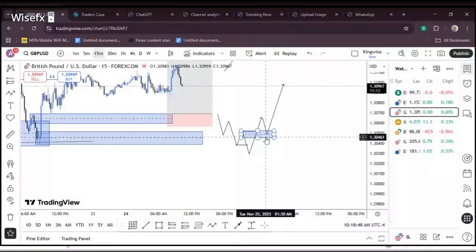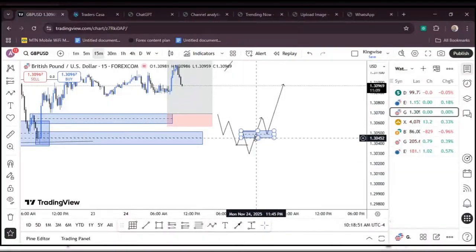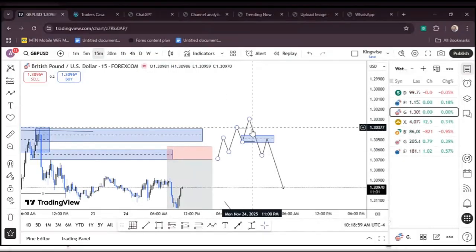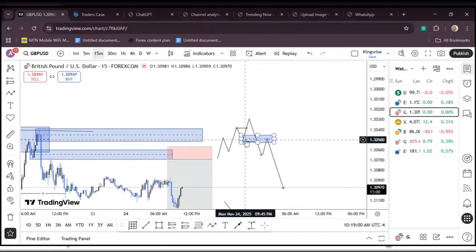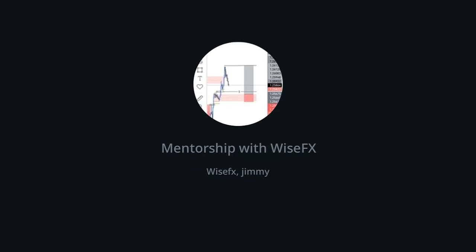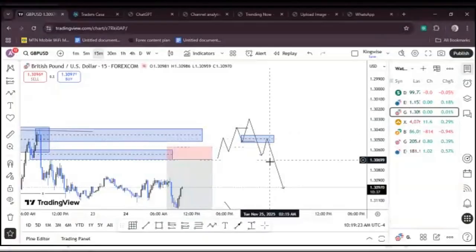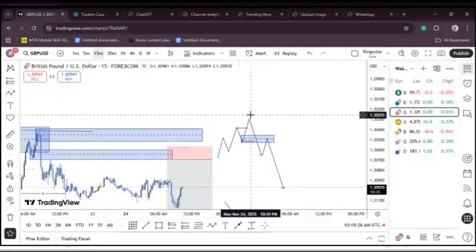Now, if that same thing happens in a sell scenario, where market has been buying, and then if market returns back to that demand that was broken, then it is your breaker block. So this high was broken, this low was taken.